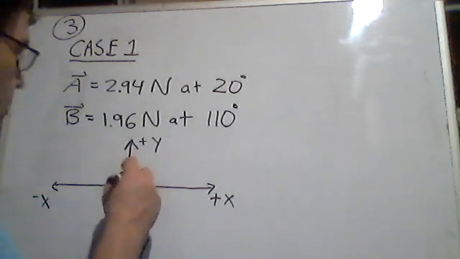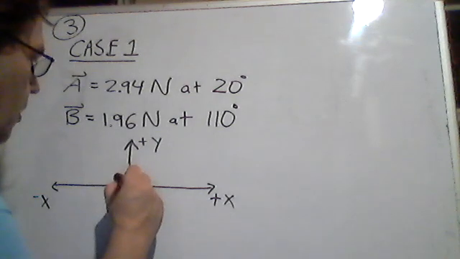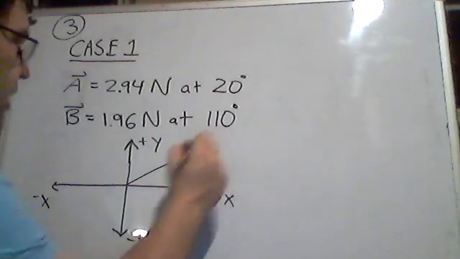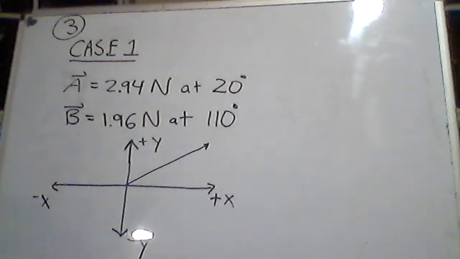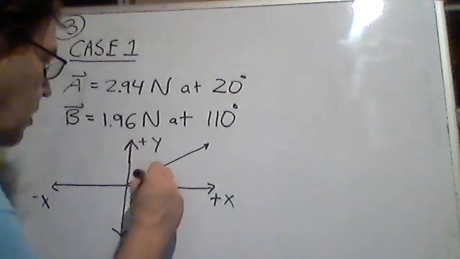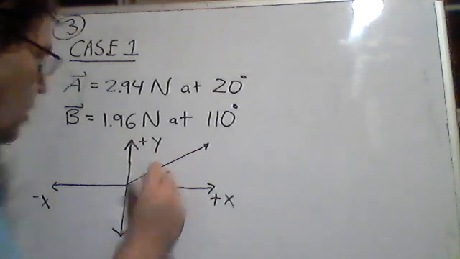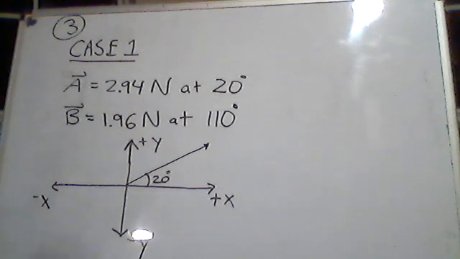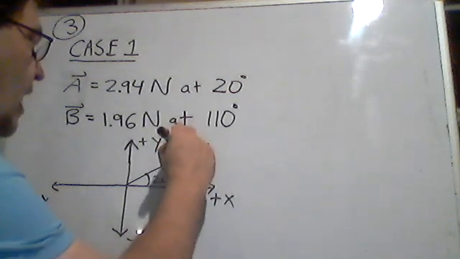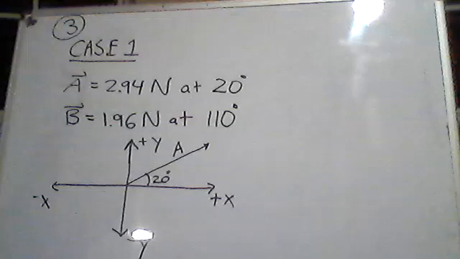Well, I'll draw 2.94 out, and again, it's bigger than 1.96. So I'll try to make allotments for those differences, and I'll say that's about 20 degrees, because I know that there are 90 degrees in the first quadrant. So this is the magnitude of A. I'll take the hat off.